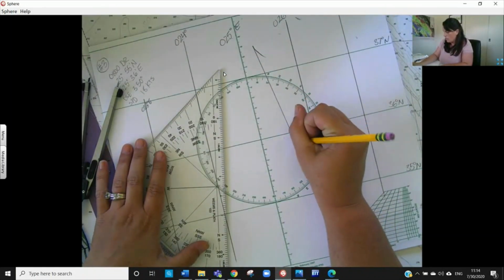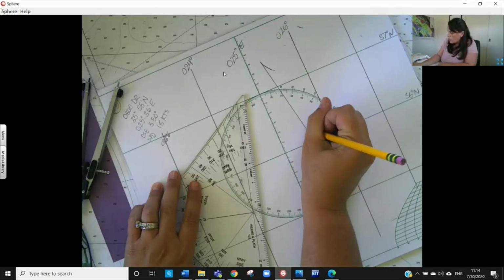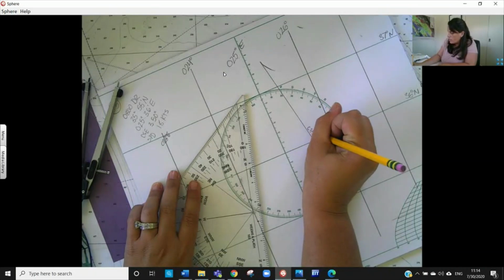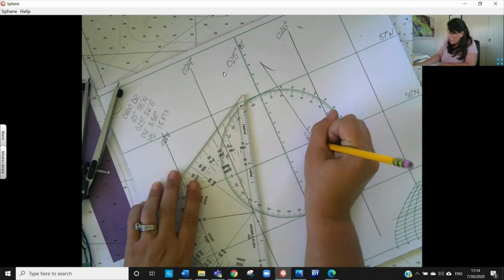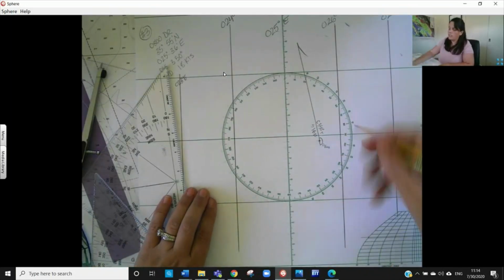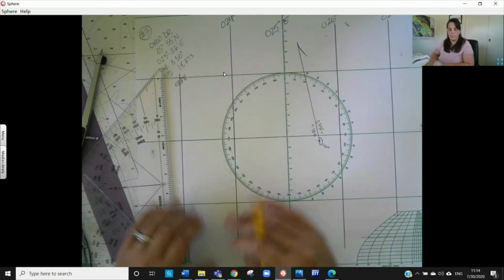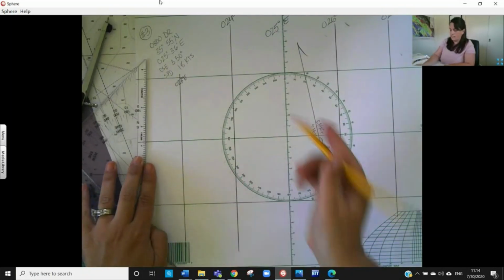So here's my 0800 DR, a course of 350, and a speed of 18. Now I have my DR and my course and speed. Now I can plot my LOP. So that is number 6.